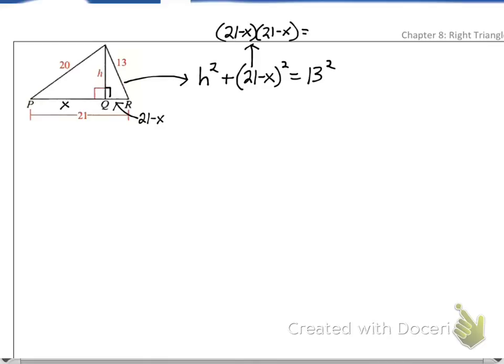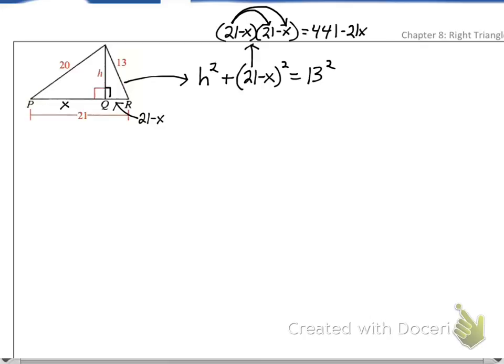Now I don't care how you do it, if you FOIL, I always just distribute. What I mean by distribute is I need to make this 21 go to this 21. Well, 21 times 21 is going to be 441. That 21 also has to go to the x. Well, that's minus 21x.